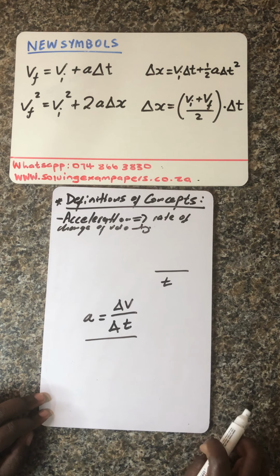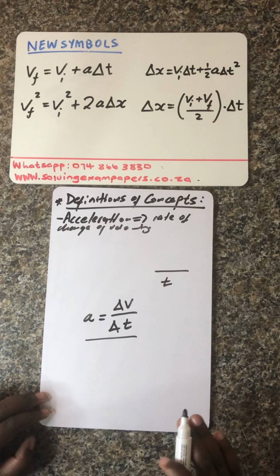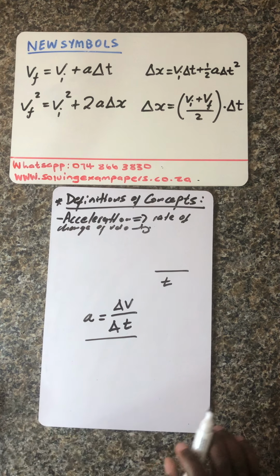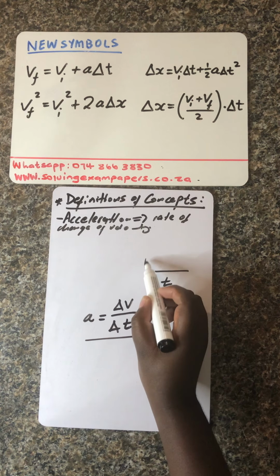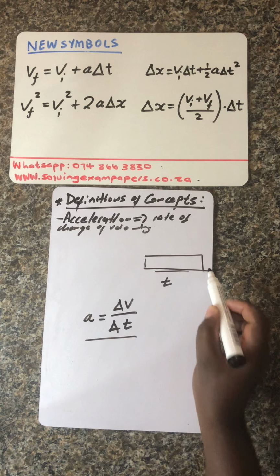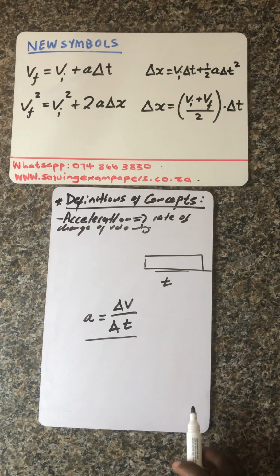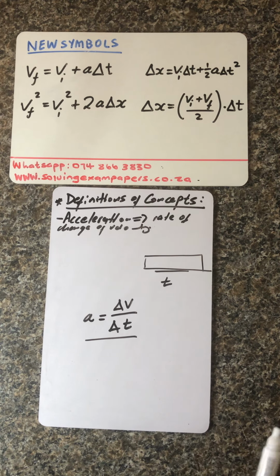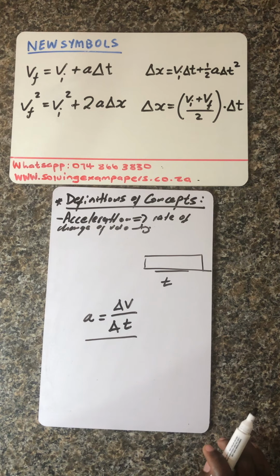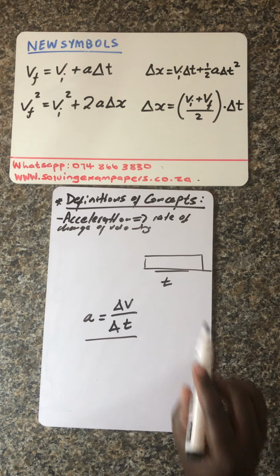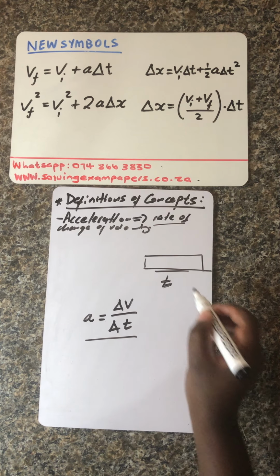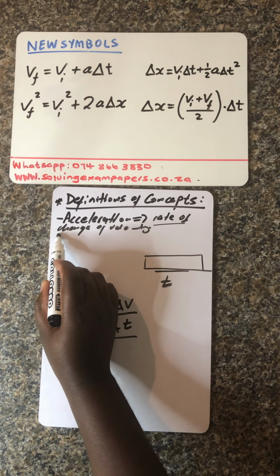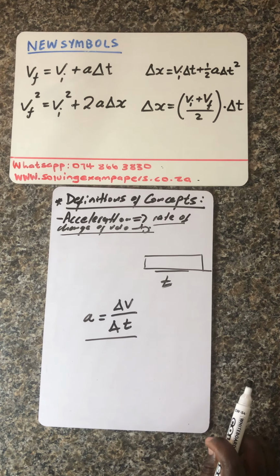Very, very much important, ladies and gentlemen. It doesn't matter whether we say the rate of whatever it is, but the moment you hear the word, just think of something over time. So obviously if the definition starts with the rate, it has to be the rate of something. In this case it is the rate, which means over time, of change in velocity.